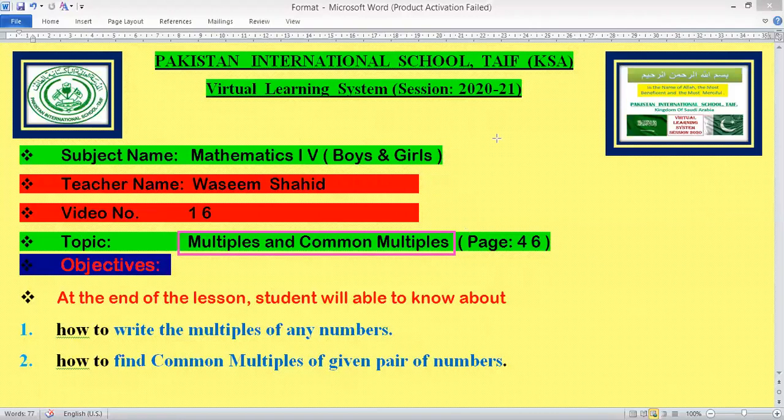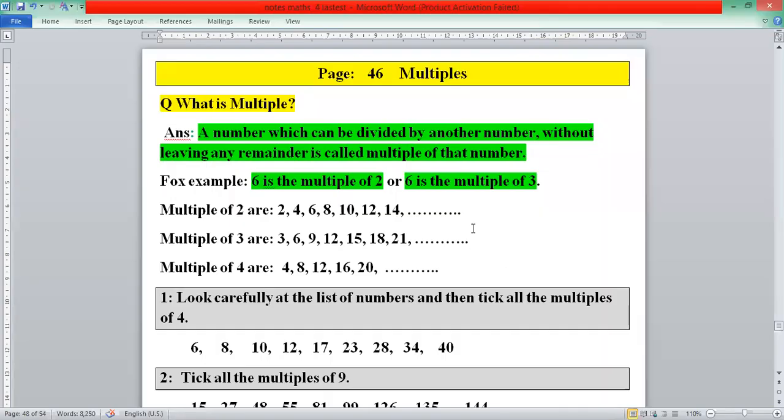Let us start from book page 46. I am going to share your book page 46. In page 46, first of all, we shall learn about multiples.